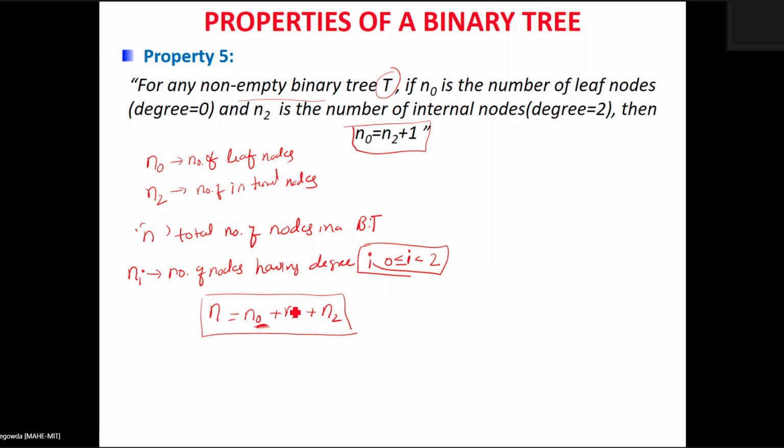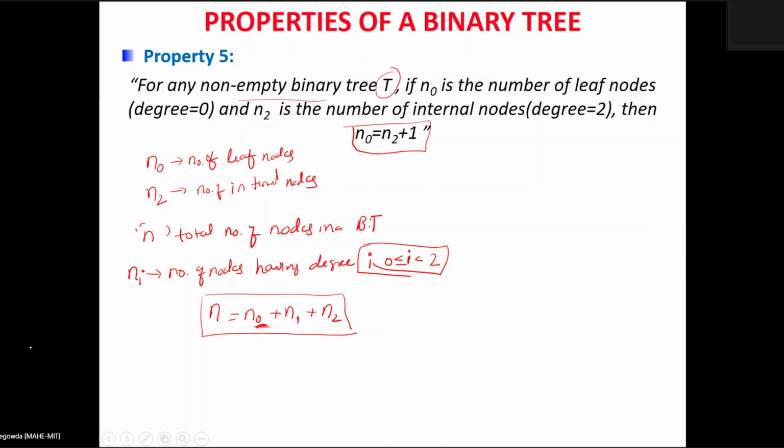Next, n1 is the number of nodes with only one child, it may be a right child or left child; we are least bothered about it, but we count the number of nodes with only one child. Then n2 represents the number of nodes with 2 children, that is, degree 2.